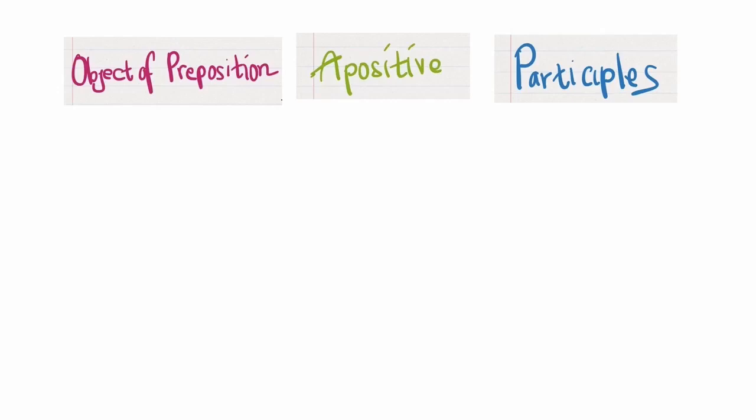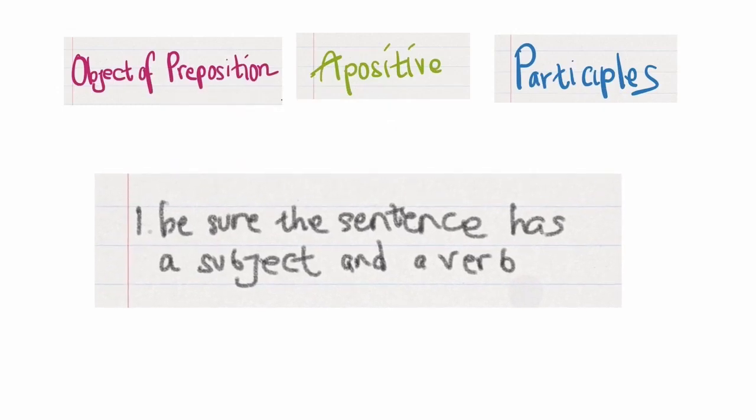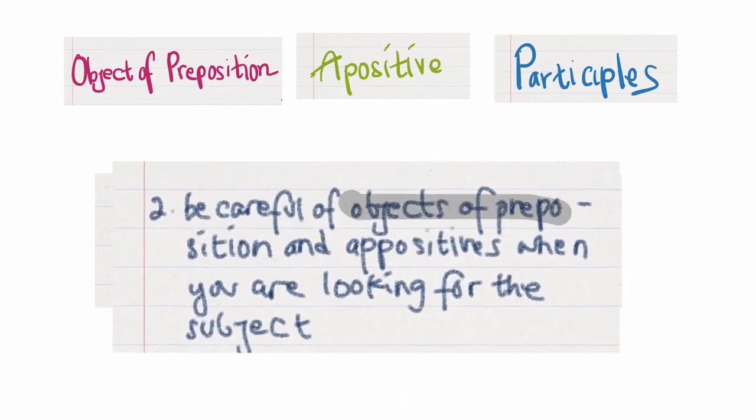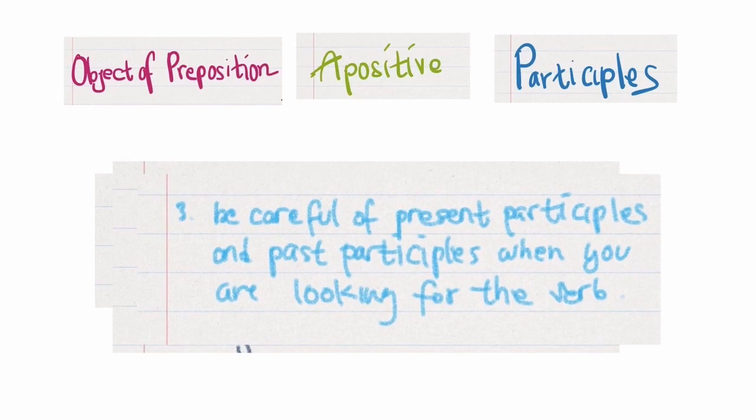Number 1, be sure the sentence has a subject and a verb. Number 2, be careful of objects of prepositions and appositives when you are looking for the subject. And number 3, be careful of present participles and past participles when you are looking for the verb.